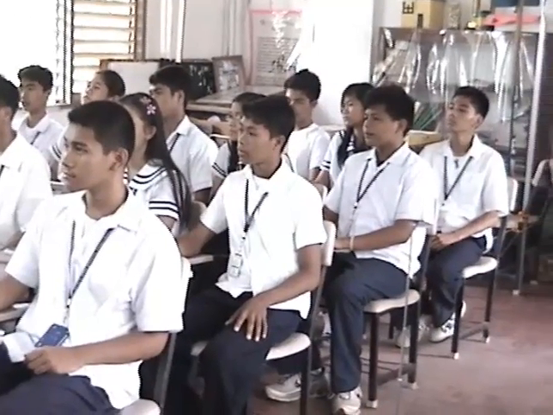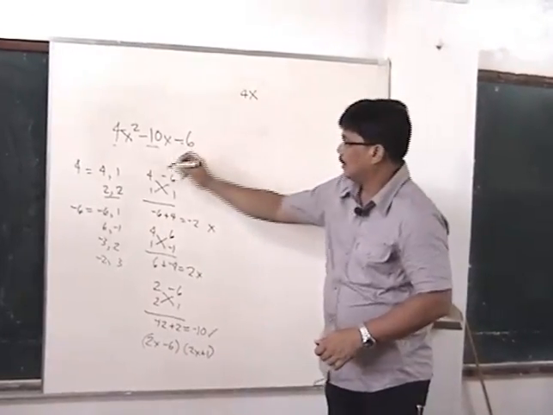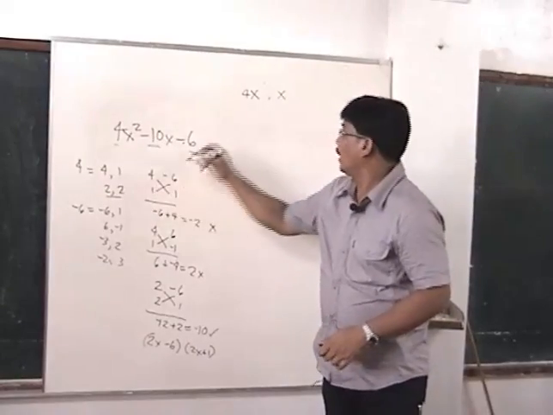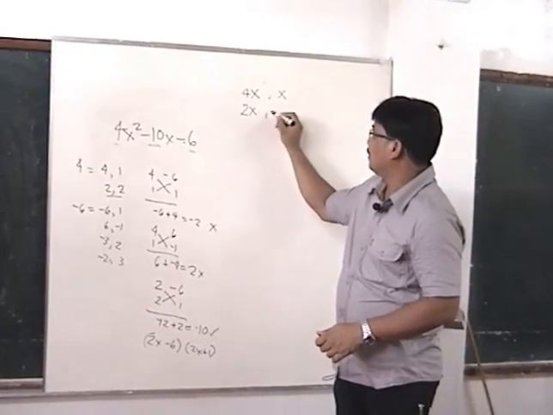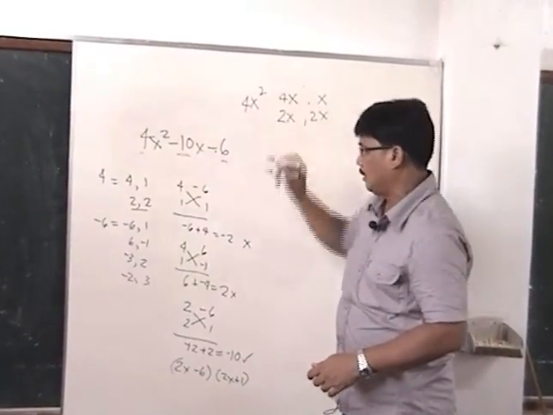What are those? It should be 4x and x, or 2x times 2x. Remember, these are now the factors of 4x squared.